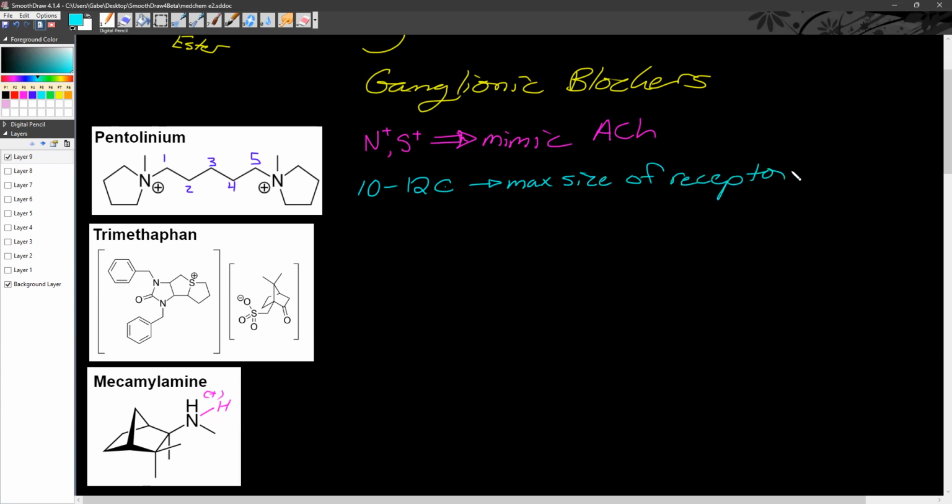So a drug that has greater than 10 to 12 carbons would be unable to fit in the active site of the receptor. And what we see in the case of pentylenium, trimethophan, and mecalamine is that each one of these drugs fits within this 10 to 12 range.